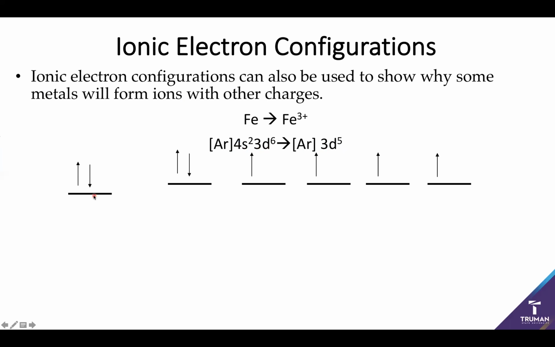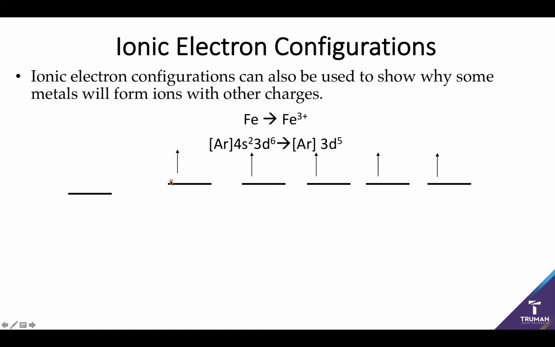So here's our nice neutral iron. Okay, we've got 6 electrons in our d subshell. Little awkward. But if I remove 3 electrons, I pull those 2 electrons out of the s and 1 out of the d. When I pull that single electron out of the d, ta-da, I now have a 3d5.